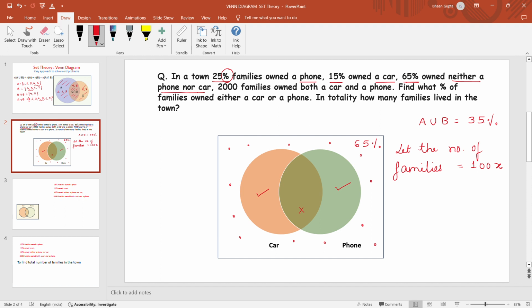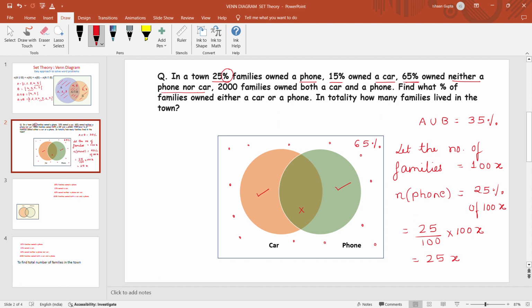If I take 100x, then the number of families owning a phone will be 25% of 100x, that means 25 by 100 into 100x. That gives me 25x, which is so easy now.